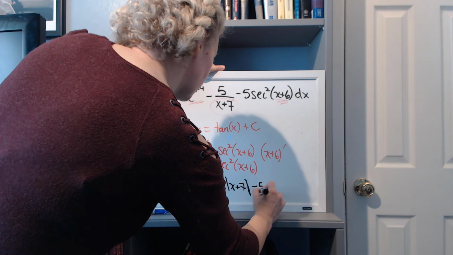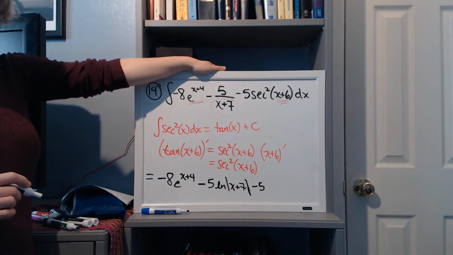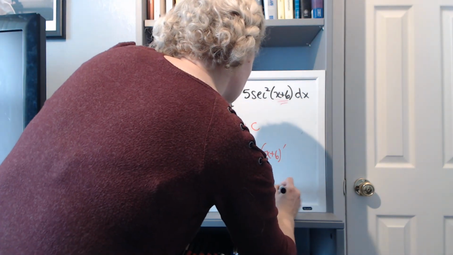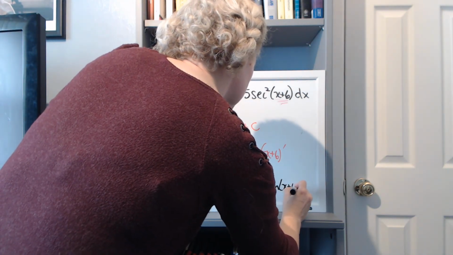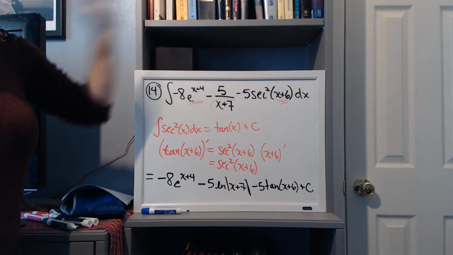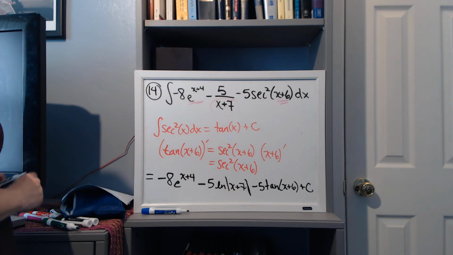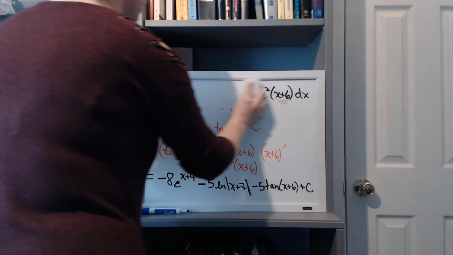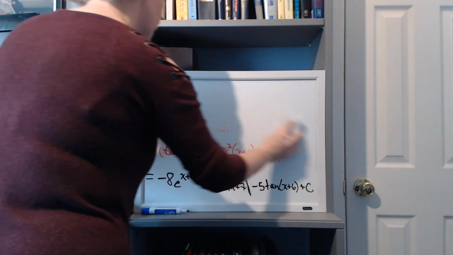So we're going to subtract 5, that's our constant multiple. The secant squared antiderivative is going to be tangent. And we're going to have tangent of x plus 6 plus c. And so there's number 14. All right. We are nearly done. Only a few more to go.